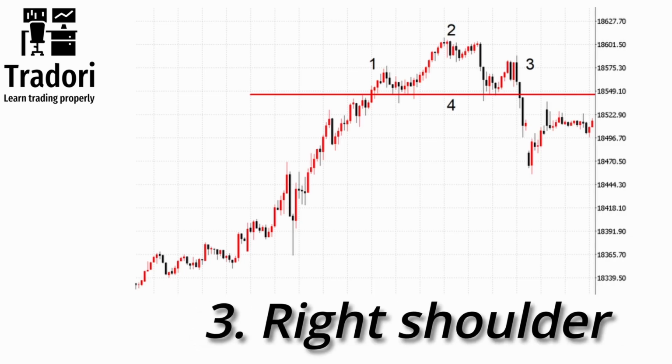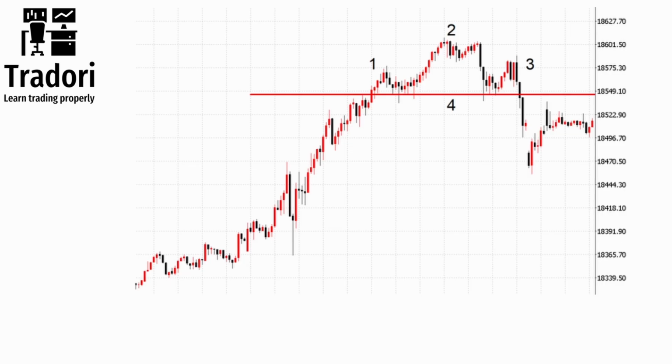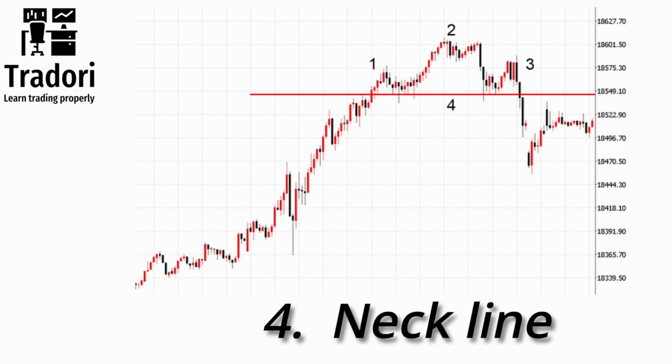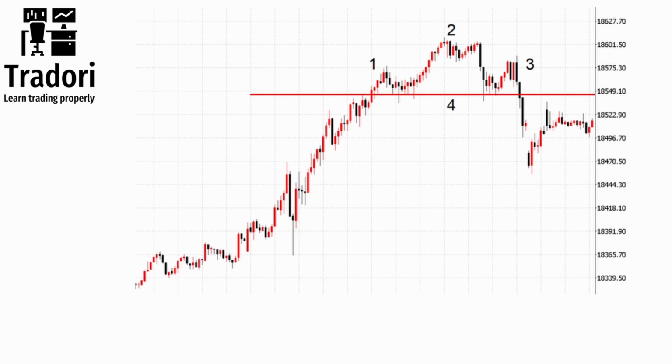The right shoulder forms as the price rallies once again but fails to reach its previous high before falling again. The fourth component is the neckline, formed by drawing a line underneath the troughs established just before and just after the head. When the price dips below this trend line, it indicates that the pattern has occurred and represents the point at which bearish traders start selling.